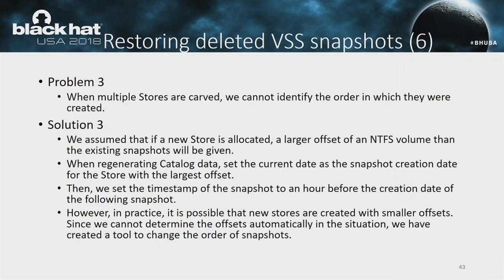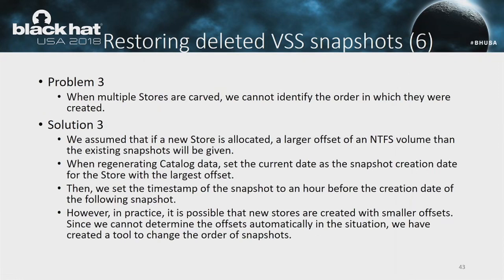And the last problem: when multiple stores are carved, we cannot identify the order in which they were created. The solution: we assumed that if a new store is created, a larger offset of the NTFS volume than the existing snapshots will be given. When regenerating catalog data, set the current date as the snapshot creation date for the store with the largest offset.